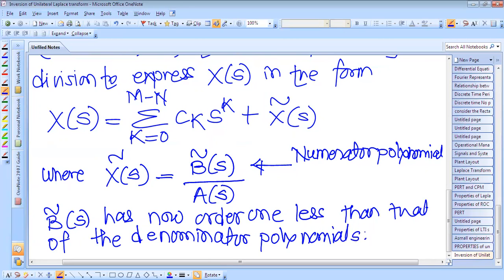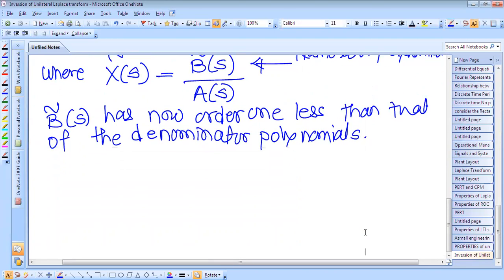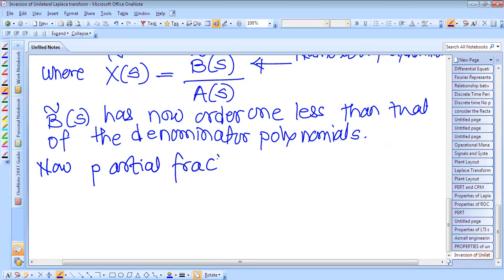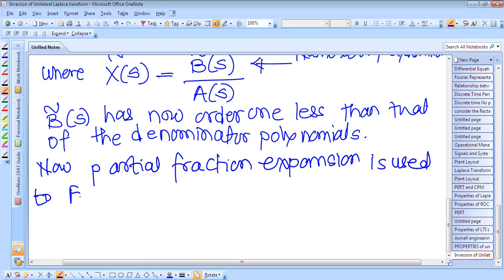And now the partial fraction expansion method is used to determine the inverse Laplace transform of X tilde of s.